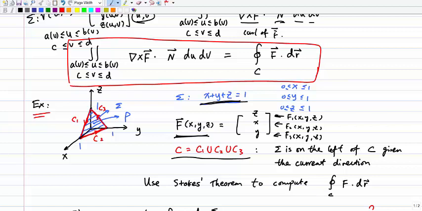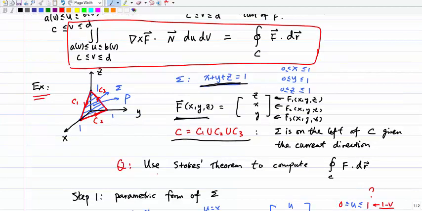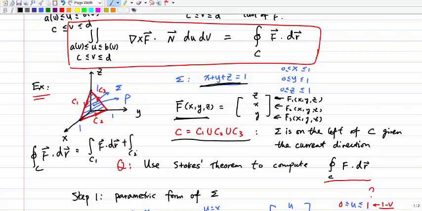My question is, I want to use Stokes theorem to compute the line integral of f over dr. I don't want to compute this directly. Of course, I can compute it as the integral over C1 of f dr plus C2 of f dr plus C3 of f dr. That's okay, but a little bit complicated.